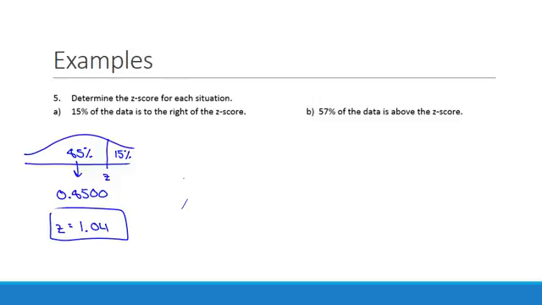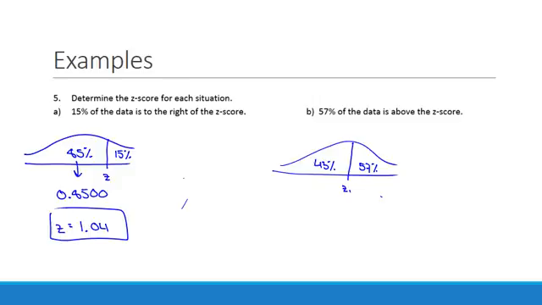B, 57% of the data is above the z-score. Okay, so above seems kind of a funny way to phrase that. But here's our z-score again. Above means simply to the right. So they're saying that 57% of the data is above or to the right of the z-score, which means then that 43% is to the left. And again, the z-score table always tells you the percent to the left.